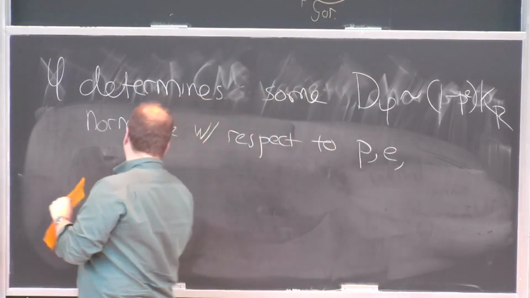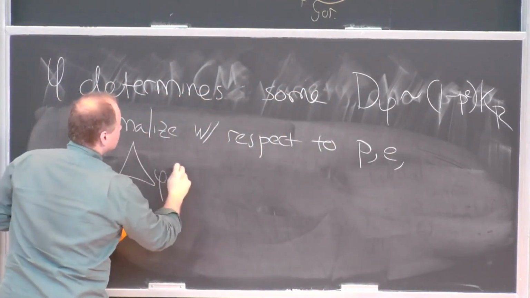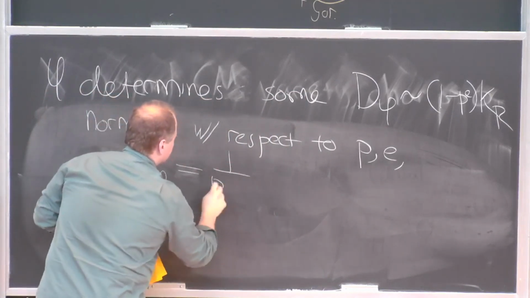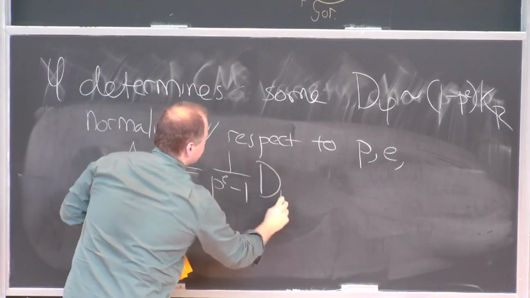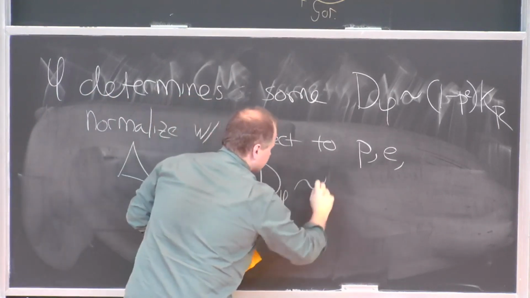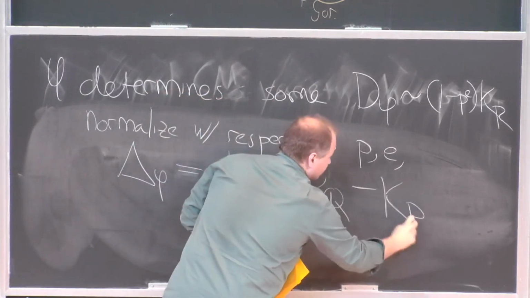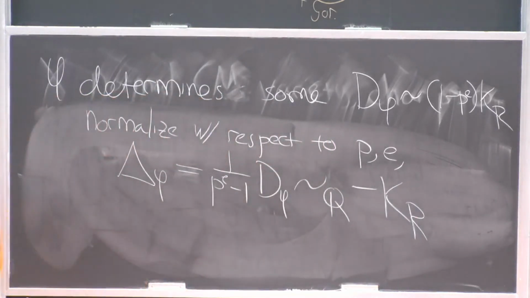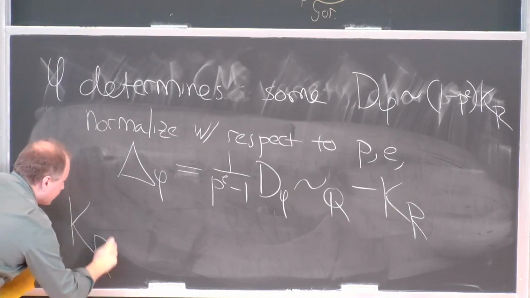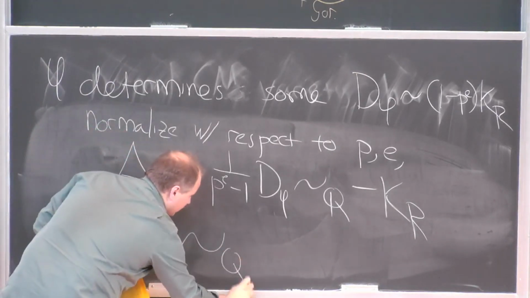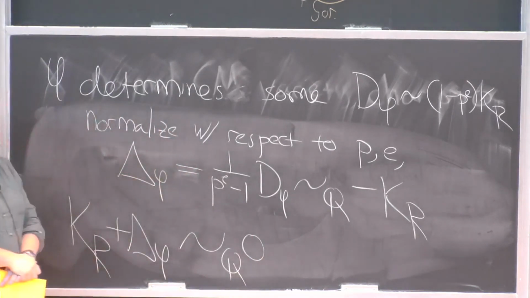And so what you might define is delta phi, which is equal to 1 over p to the e minus 1 d phi. And this is going to be Q-linearly equivalent to negative the canonical. Or in other words, K_R plus delta phi is Q-linearly equivalent to 0.